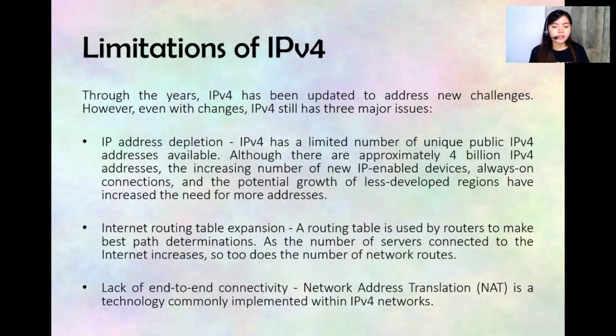Second, Internet routing table expansion. A routing table is used by routers to make best path determinations. As the number of servers connected to the internet increases, so too does the number of network routes. Third, lack of end-to-end connectivity. Network Address Translation, or NAT, is a technology commonly implemented within IPv4 networks.